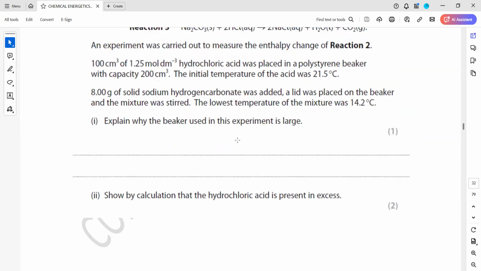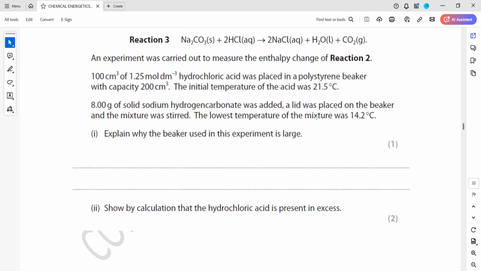Explain why the beaker used in experiment 1 is large. It minimizes the risk of acid splashing out from the container. That's the advantage, minimizing the risk.